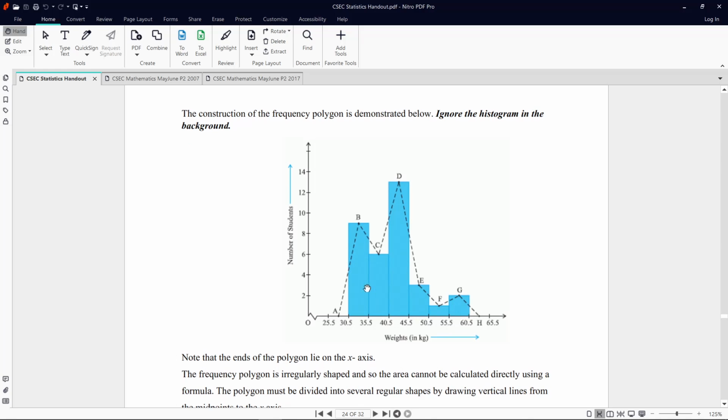So what they did was that they constructed a histogram in the background, but we won't be doing that. A histogram is directly linked to a frequency polygon, because the histogram shows the continuity of the data, and the frequency polygon is simply the midpoints of those bars.